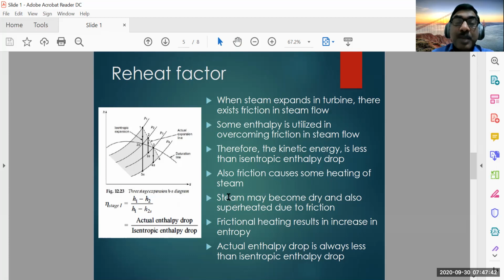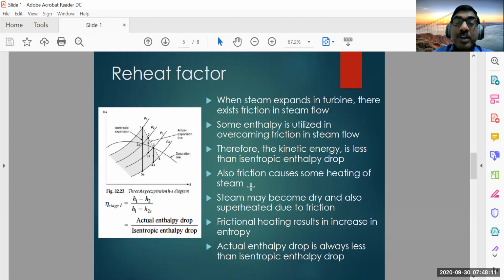But what is happening? The friction is also causing some heating of the steam. Because of the friction between the steam and the different parts of the turbine, there will be some heat generated. Whenever there is friction, there is some heat generated. This heat sometimes may increase the enthalpy, or the steam also gets overheated.